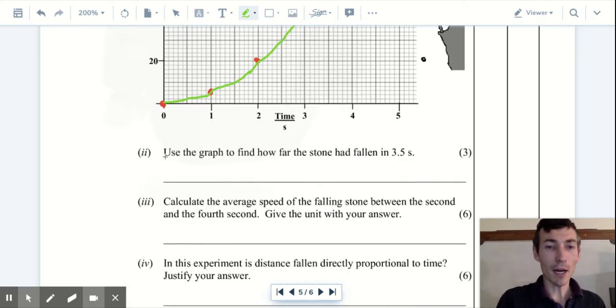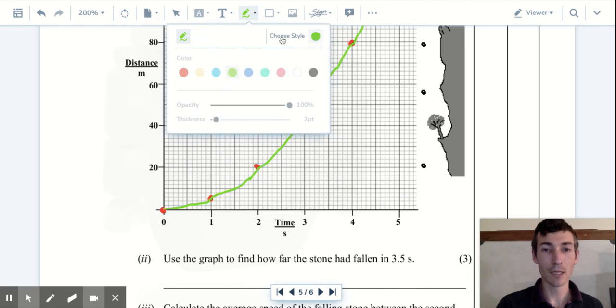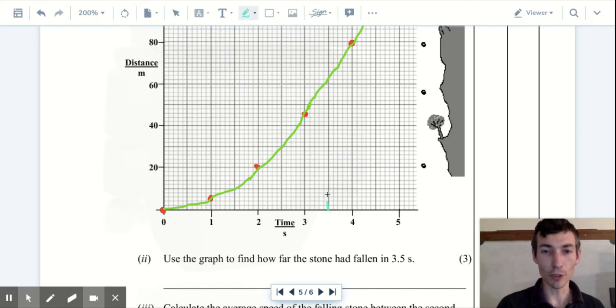Okay, part 2. Use the graph to find how far the stone has fallen in 3.5 seconds. Right, so 3.5 seconds. There's 3, there's 4, 3.5 is right in the middle. Okay, and that's going to intersect nicely. Okay, let's get a different color. Cyan. Okay, so we want to go up from 3.5, meets the curve there, and then across.